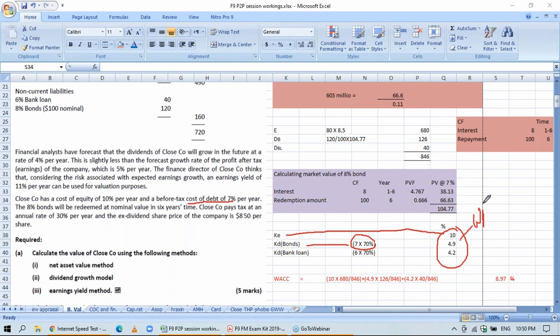WACC is always after tax, so you can't use before tax rate over here. Always you have to take after tax rate. WACC is after tax, right? So over here I have taken 70%, means the effect of tax shield has been taken over here. In both cases, we have taken the effect of tax shield.